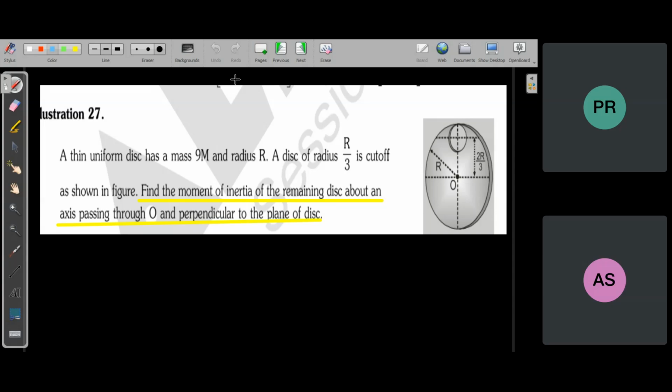Yes sir, understood. Okay, try this question.